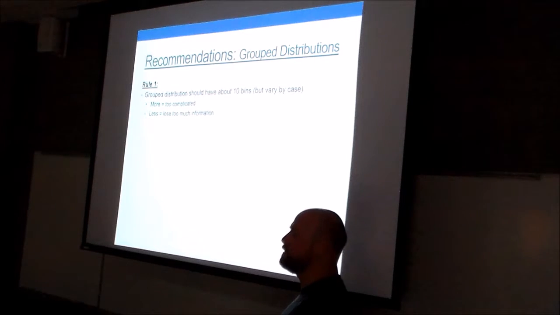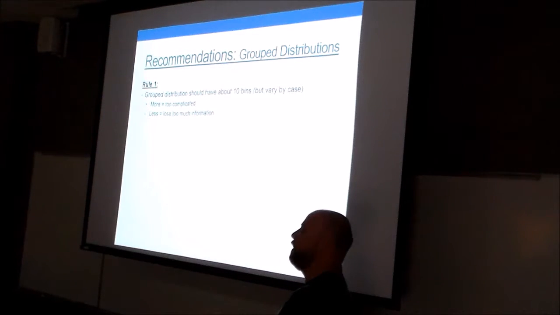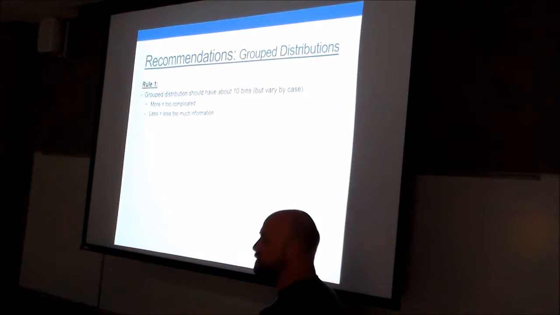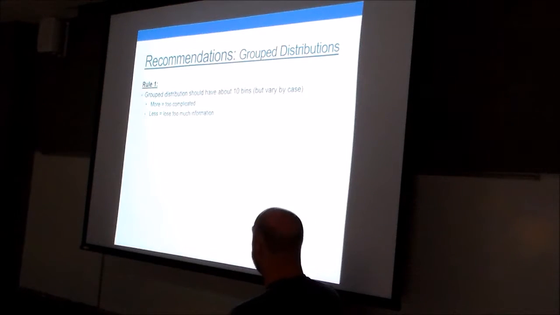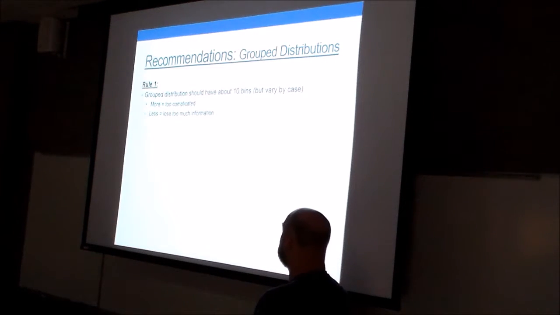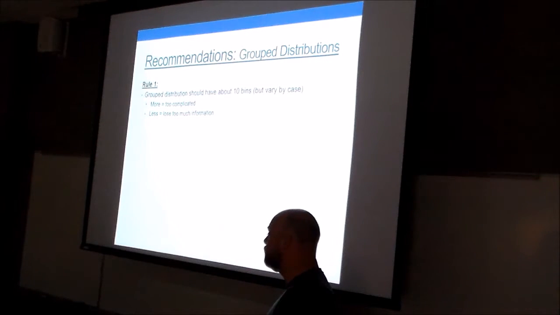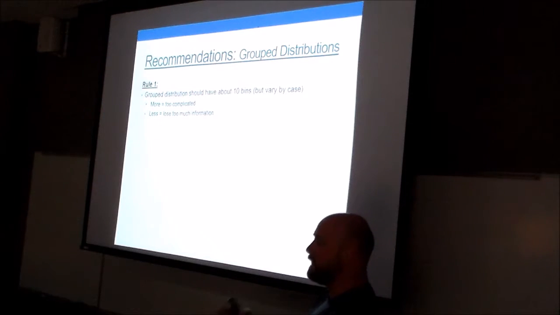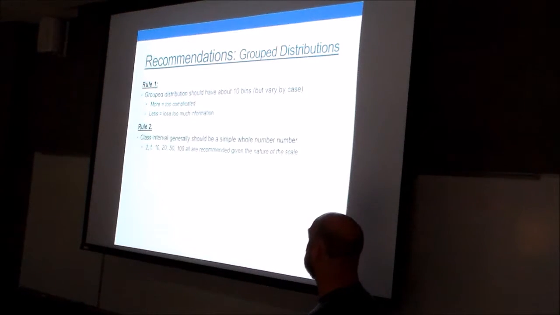Maybe that changes from situation to situation; you don't necessarily want a demographics table that spans 3 different pages, so maybe you cut this down depending on what makes sense. But in general, fewer bins and we lose too much information; more than that, things get too complicated. So think about what class interval will give a reasonable number of bins.